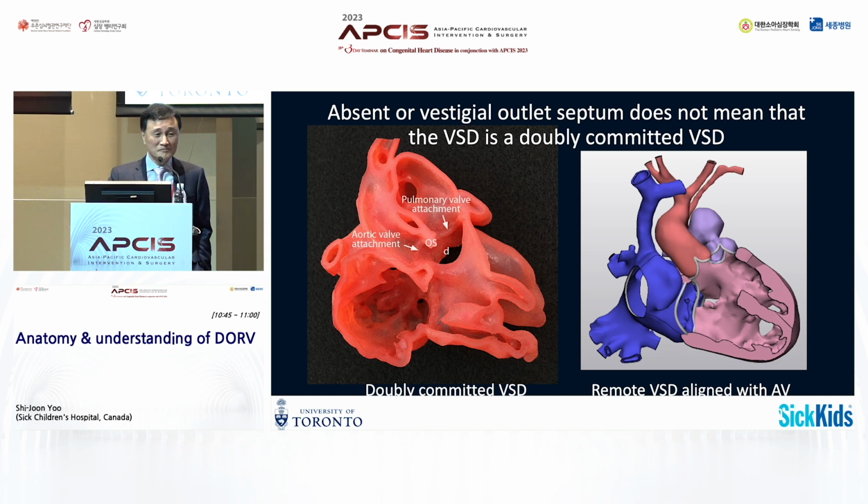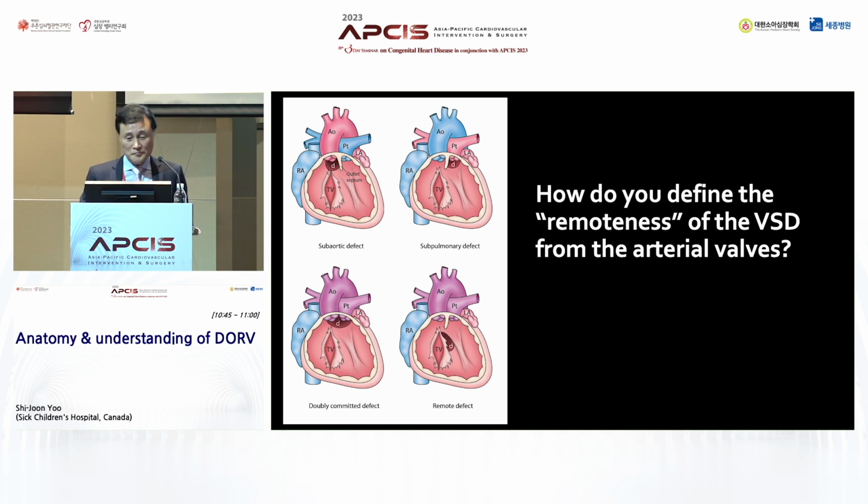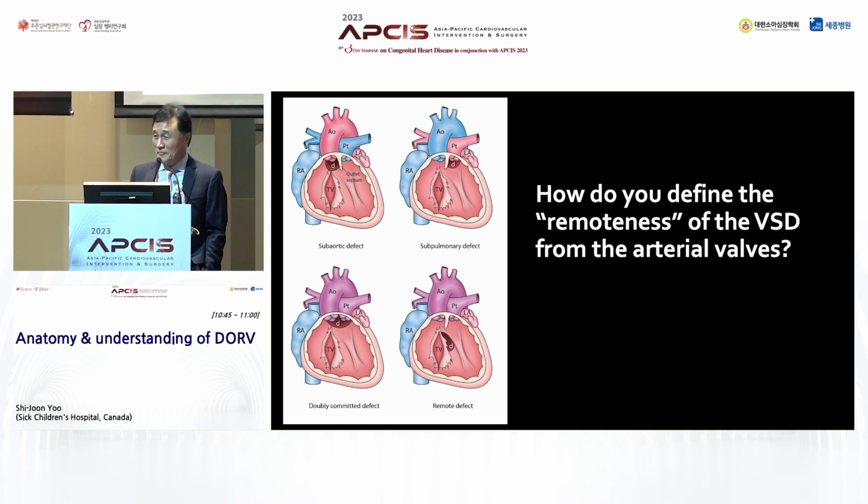No, no, no, okay? So the next contentious topic is what? How do you define the remoteness of the VSD from the arterial valves? Do you have any definition for how to call the remoteness?